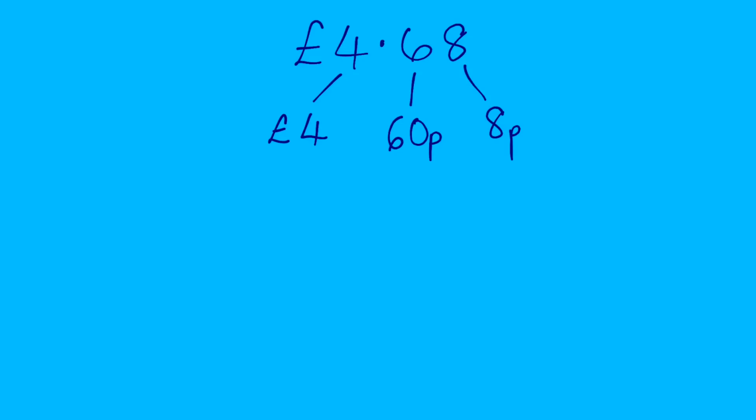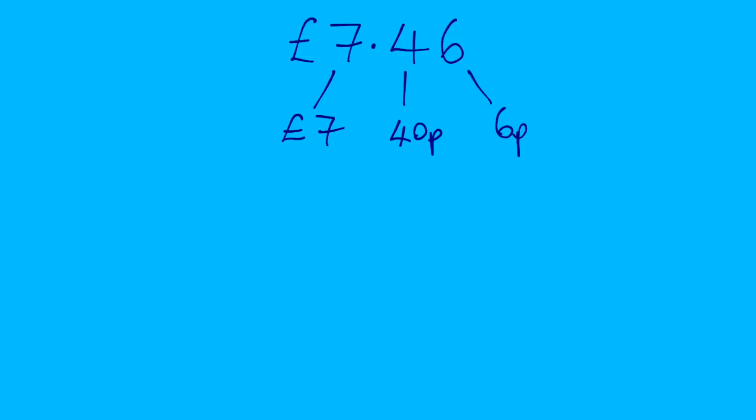Now I can halve once I've partitioned. So half of £4 is £2, half of 60 pence is 30 pence, and half of 8 pence is 4 pence. And if I put that all together, I can see I've got £2.34.